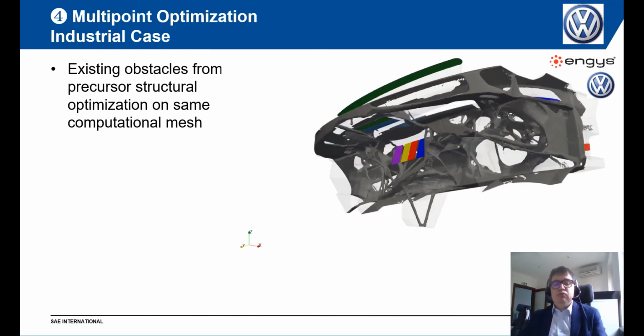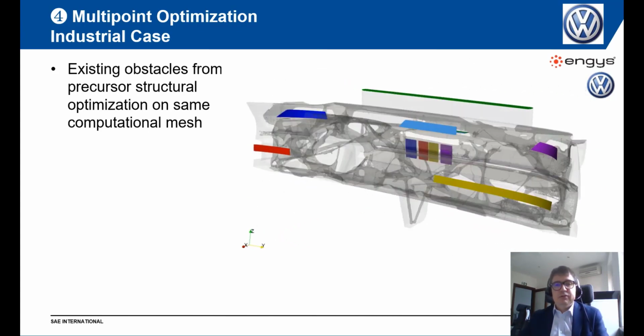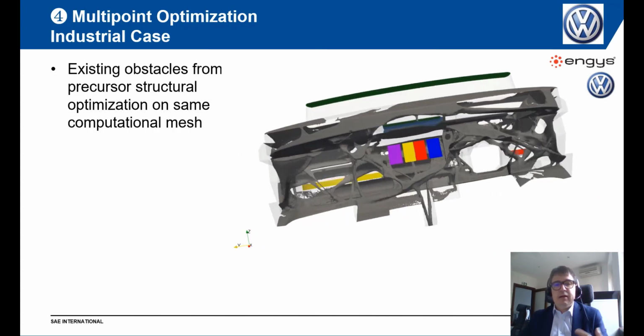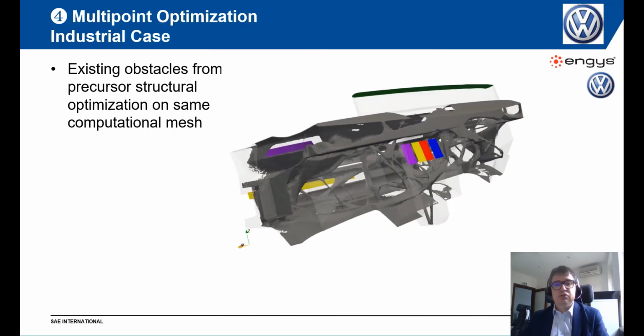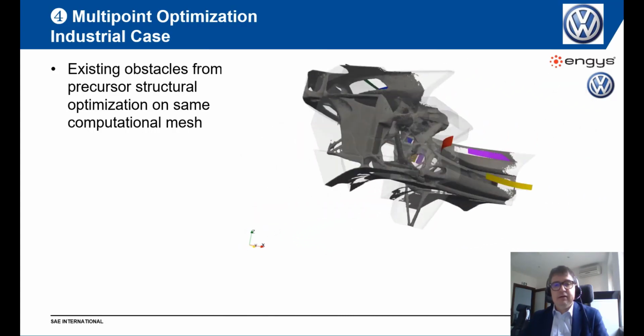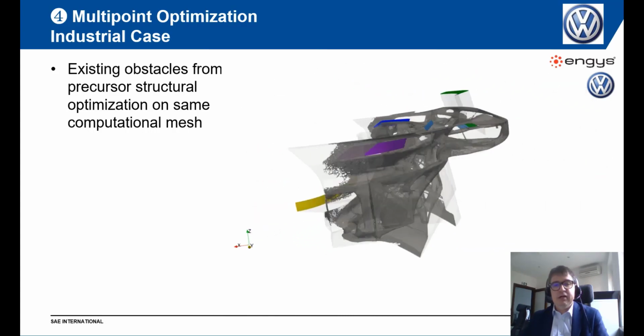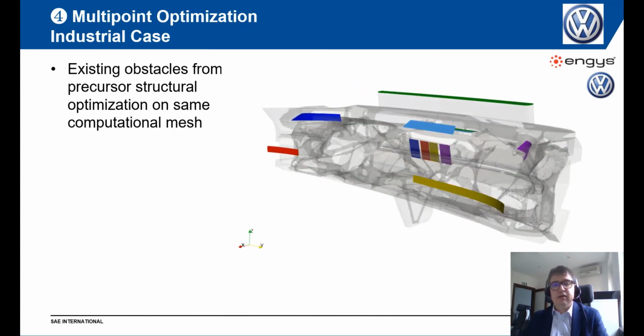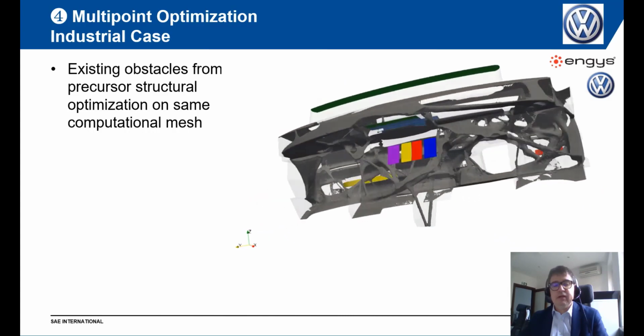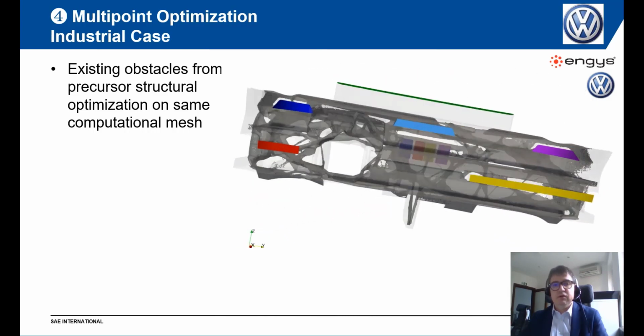Then we also need to account for the obstacles which come from a previous structural optimization done with the same computational methods. In the area highlighted in gray here, we cannot have intersection of the ducts created by the adjoint optimization tool. So this is a constraint.